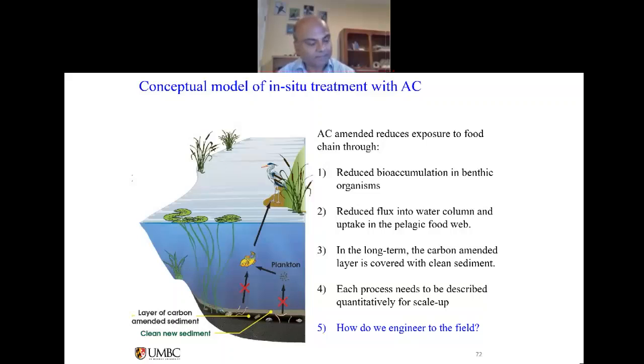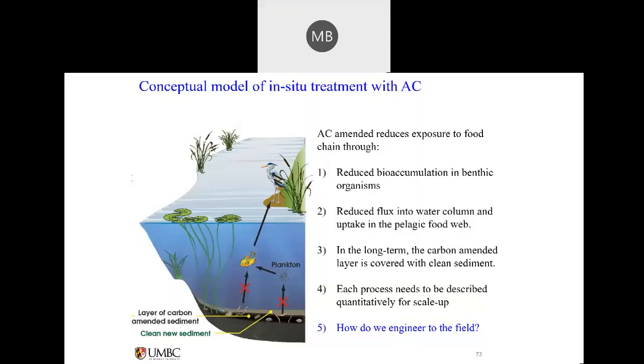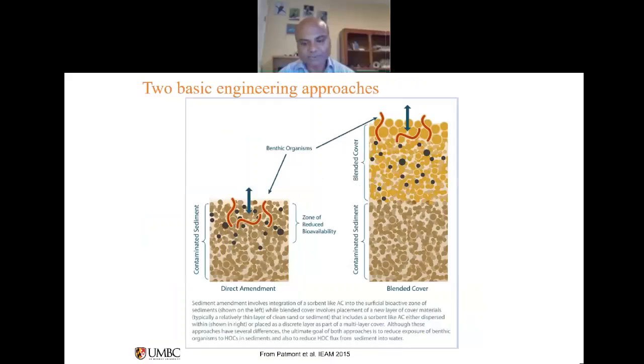We worked with several engineers and consultants and people who do sediment remediation to come up with ideas. Next slide, please. There are basically two approaches to doing this. We can add the carbon only to the top surface of the sediments and the organisms mix it up, and we create a bioactive zone which has been altered in its geochemistry to make it more adsorptive for those chemicals.